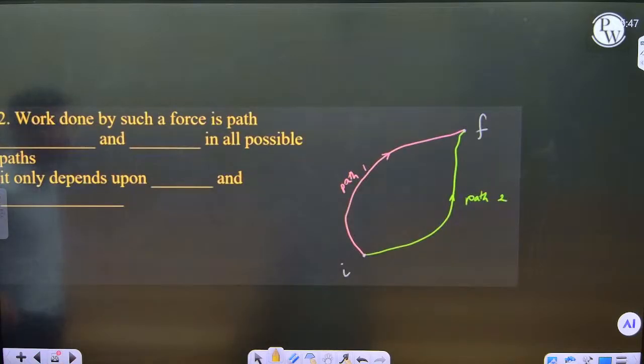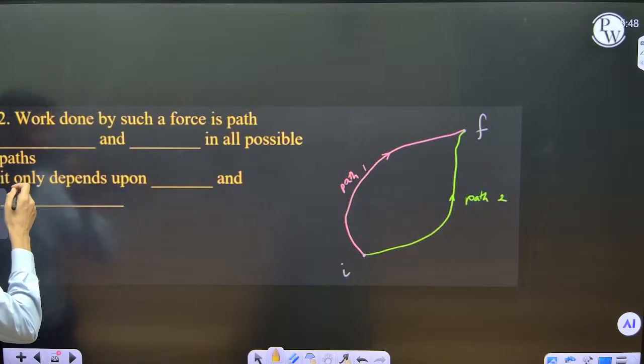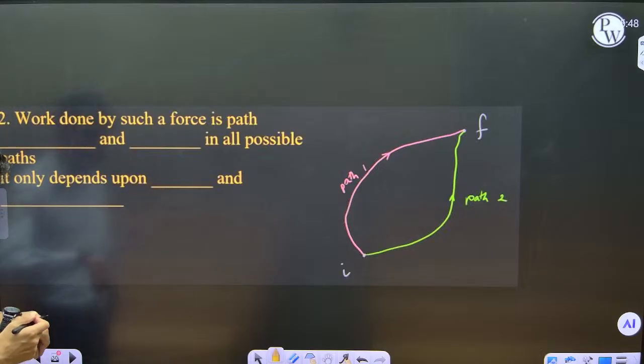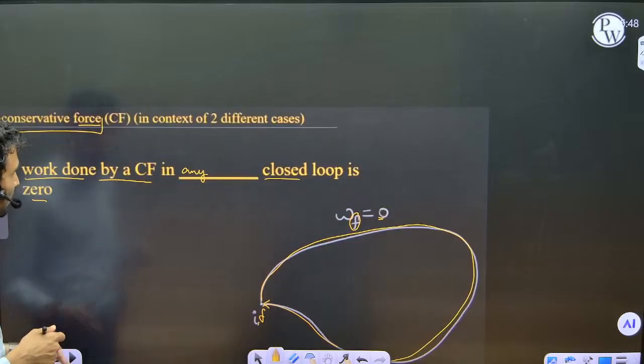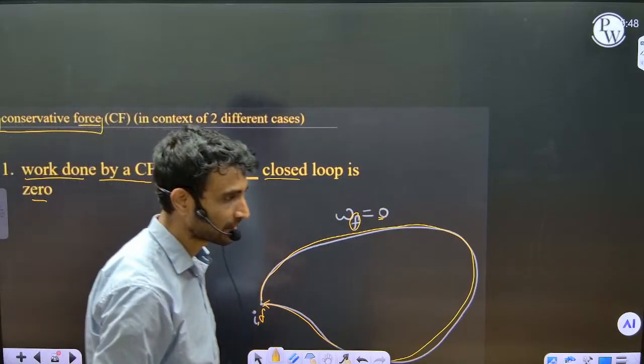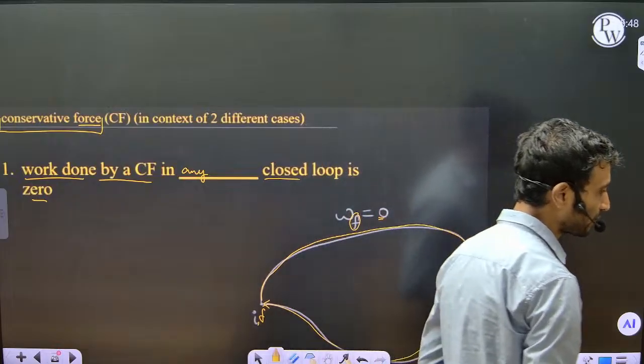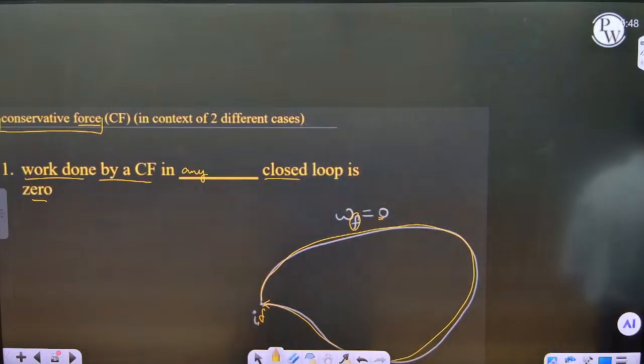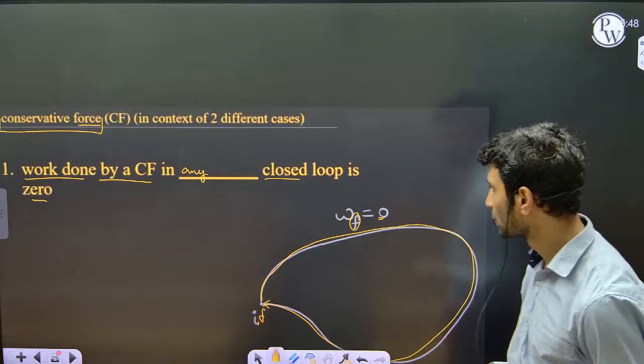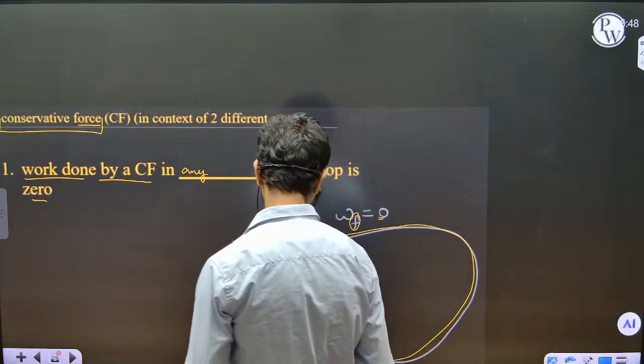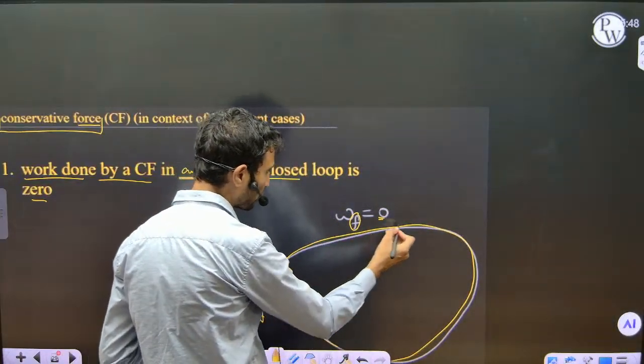Now, this is another way of talking about conservative forces. Okay, first take this down, and I think time's up anyway. So we'll do the next part next time. So I hope this one is clear. Consider the work done by the force in a closed loop.